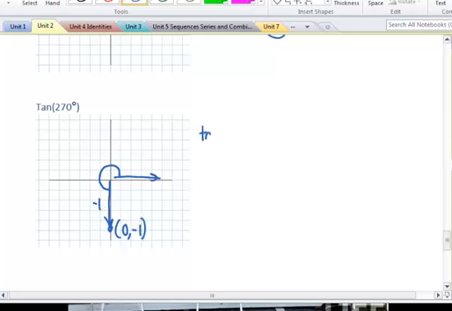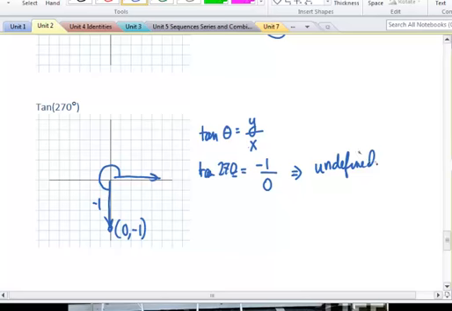So the tangent, from what we said before, is equal to the y side over the x side. So if you look at this, we've got a problem because the tangent of 270 has us dividing by 0. We have -1 for the y, and we're dividing by 0. So in this case, we would say the tangent of 270 is undefined.